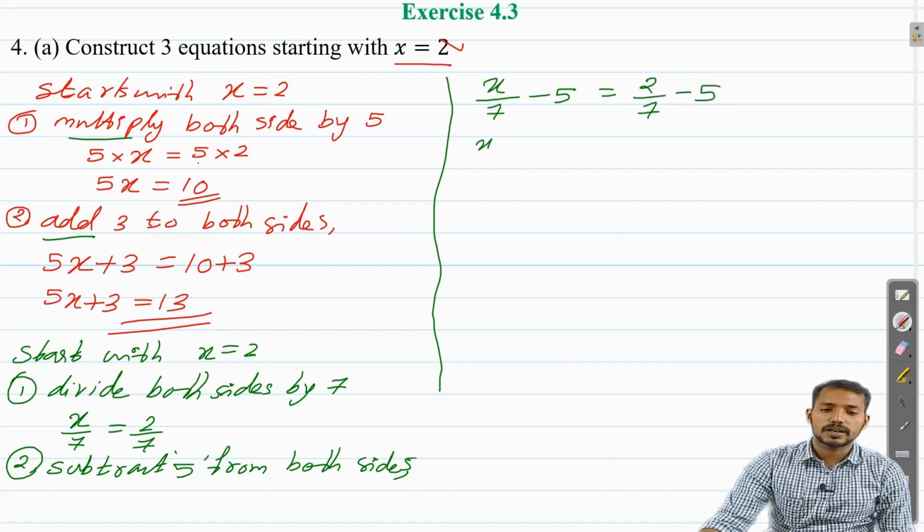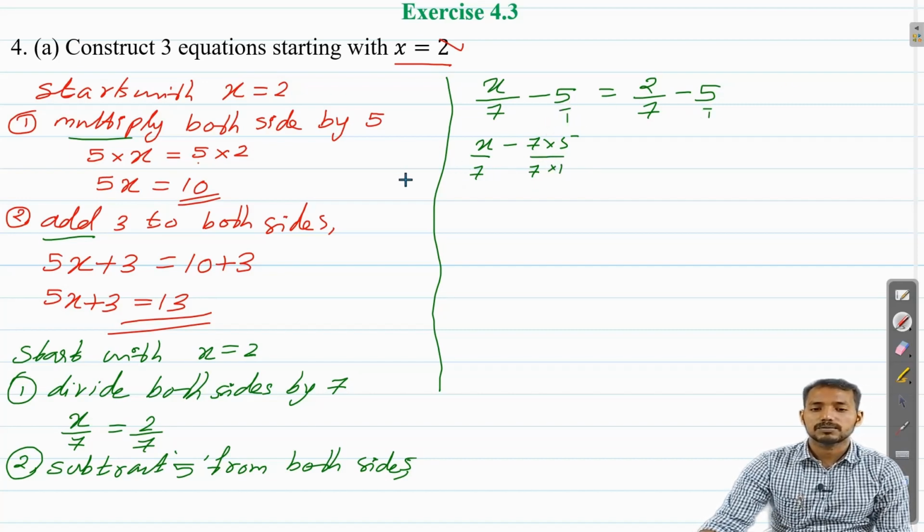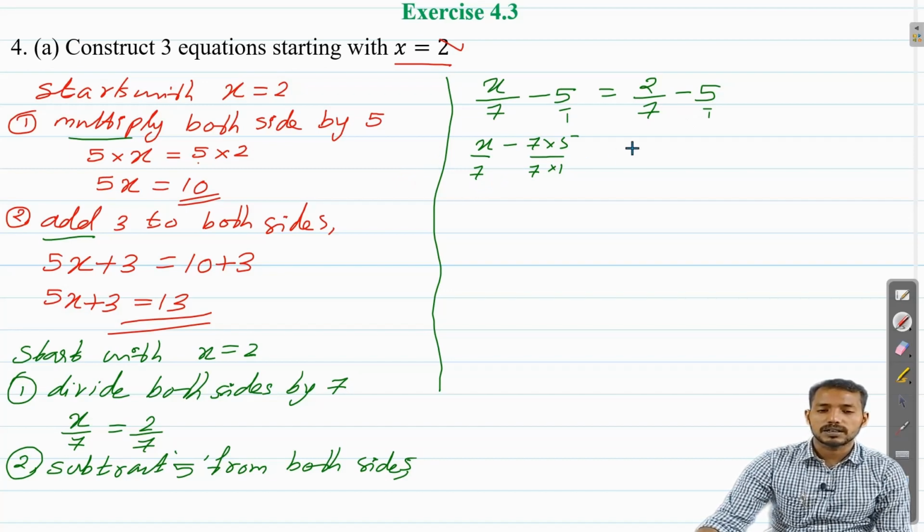Take the LCM, so x by 7 is there here, minus 7 into 5, divided by 7. Here 5 by 1, this also 5 by 1. So we will get which is equal to 2 by 7 minus 7 into 5 divided by 7 into 1. Here 7 multiplied.